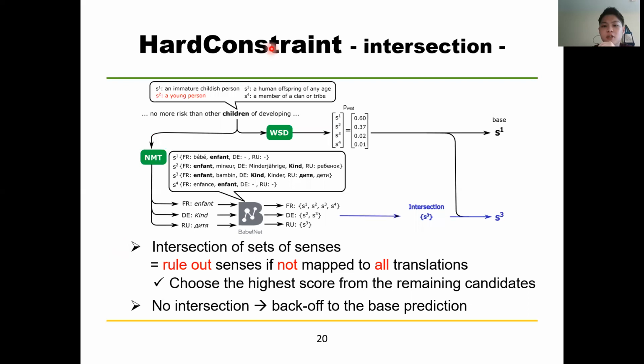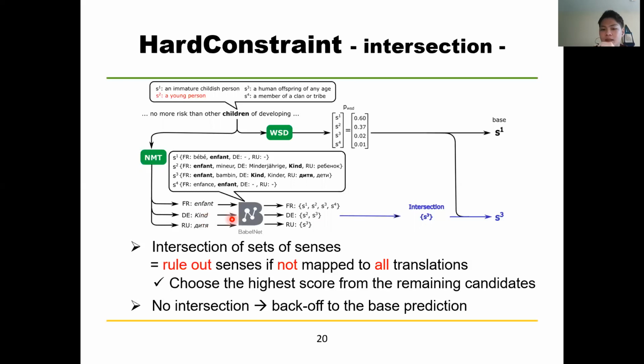This figure here shows how the constraint with the intersection strategy works. Given the word children we want to disambiguate in this context, we first translate the entire sentence and perform word alignment to identify the exact translation of the word children in different languages. Then we look up BabelNet synsets to see which sense is mapped to which translation.